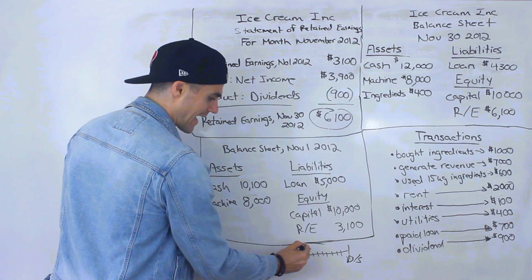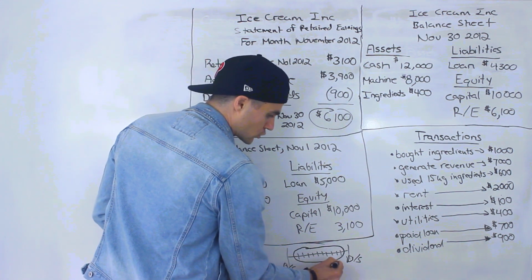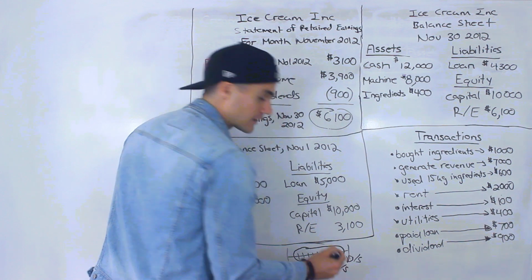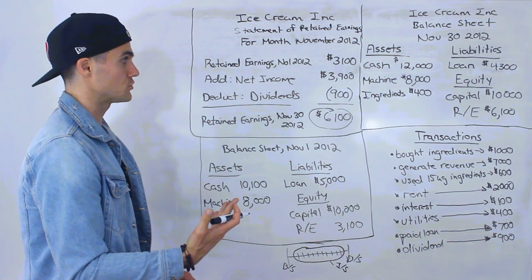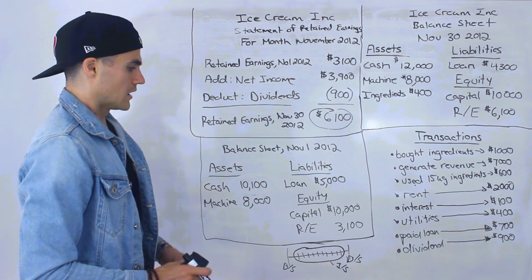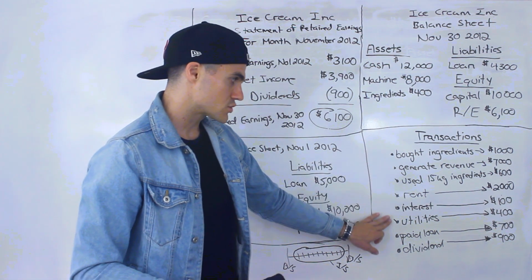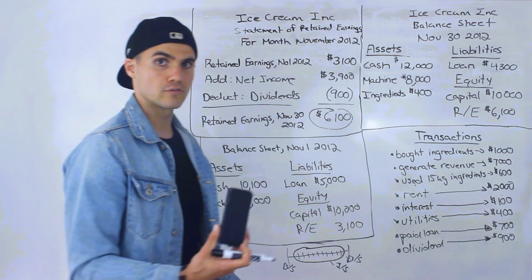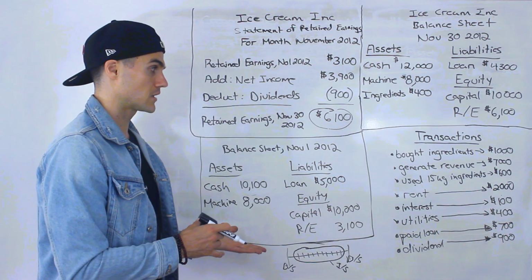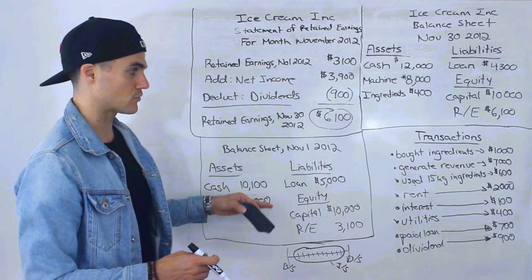And I said that these transactions here, they all get grouped on the income statement. That's how I introduced that financial statement, the income statement. But notice that if we look at all of these transactions here, not all of them went on the income statement. I mentioned that as I was going through this scenario.